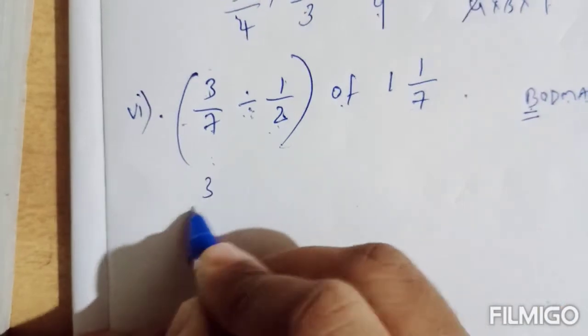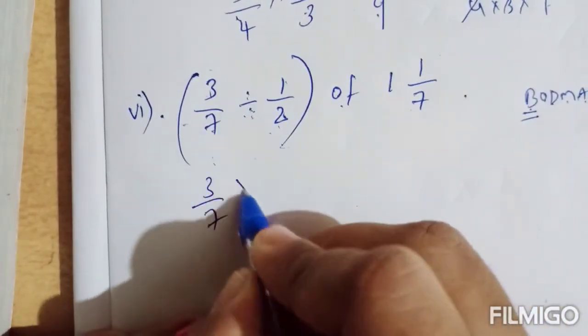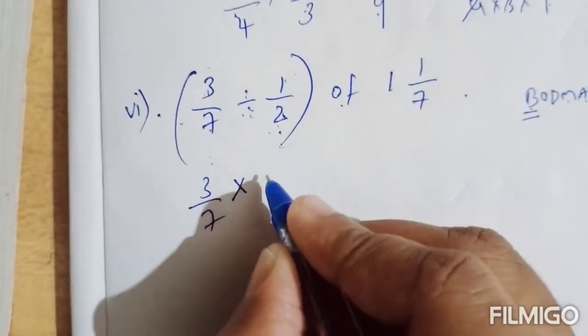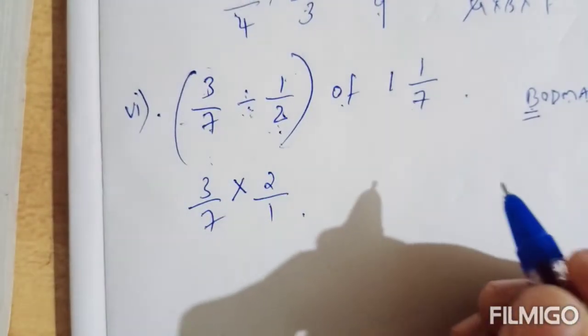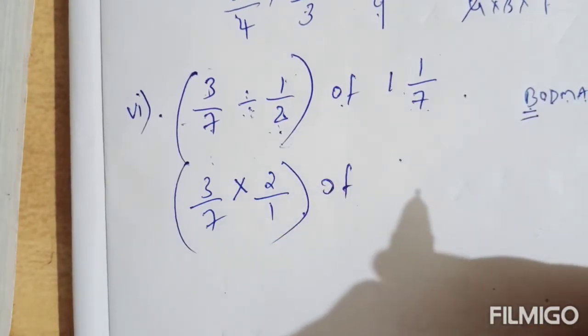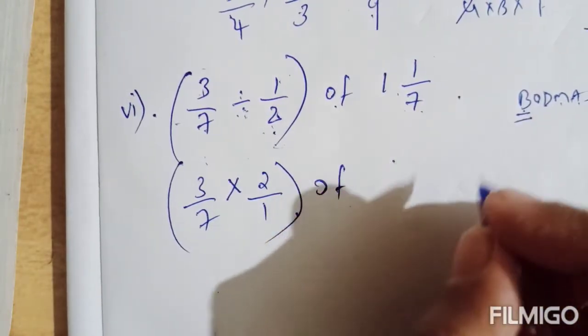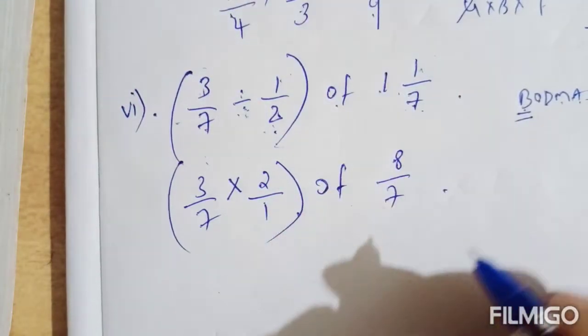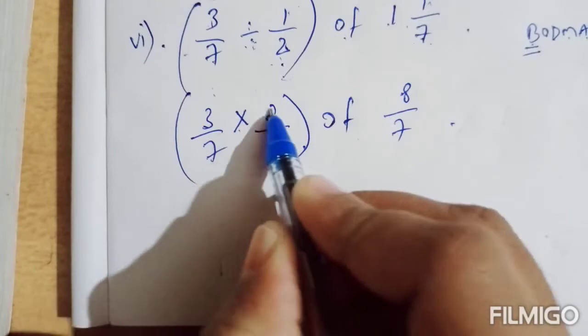So 3 by 7, division sign, change that to multiplication sign. 1 by 2, its reciprocal is 2 by 1. Of 1 by 7 on converting to improper fraction, 7 into 1 7, 7 plus 1 8 by 7. Now 3 by 7 into 2 by 1.